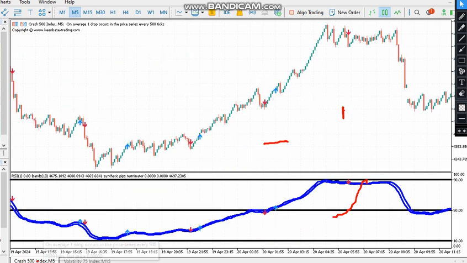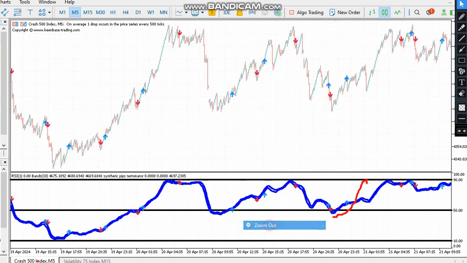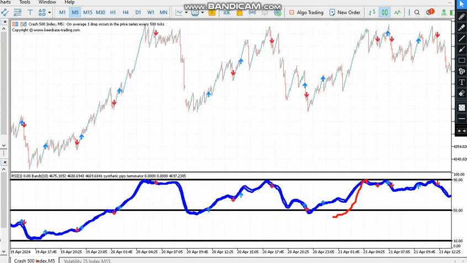I think I have Crash 500 open right here. Let me see. Good. So it's the same fashion. So what I'm going to do, let me zoom out completely.